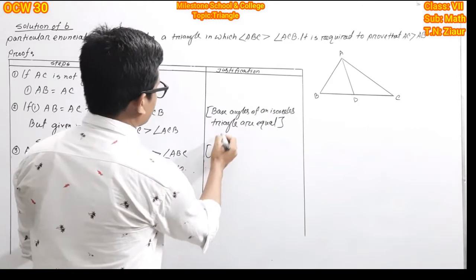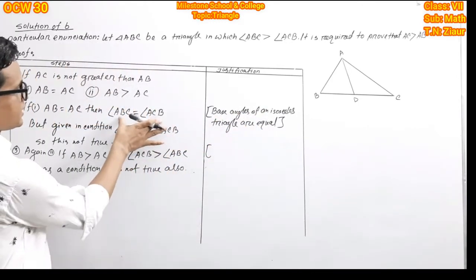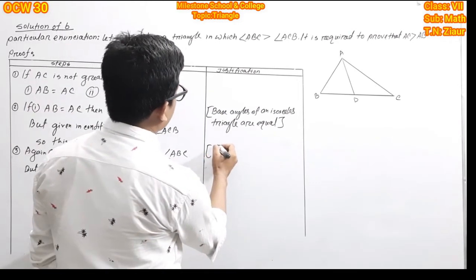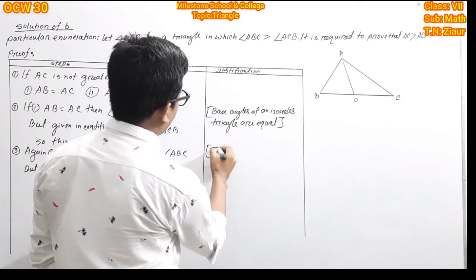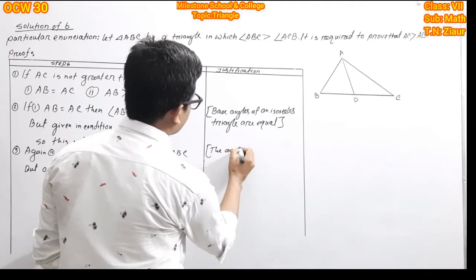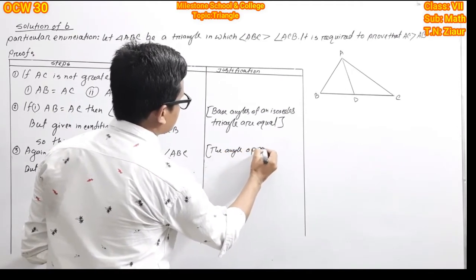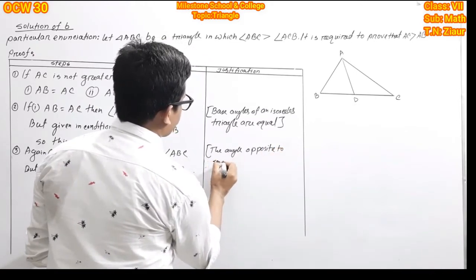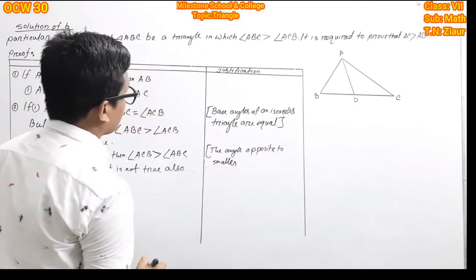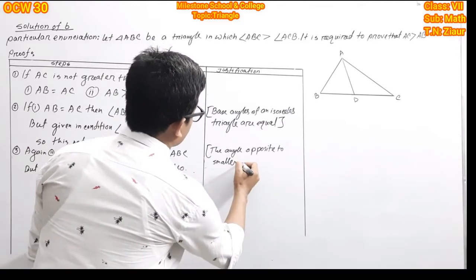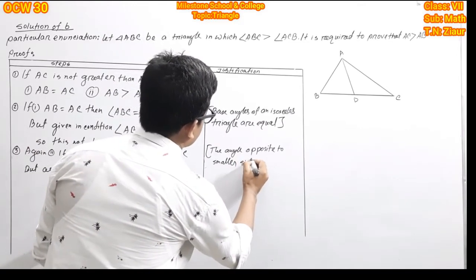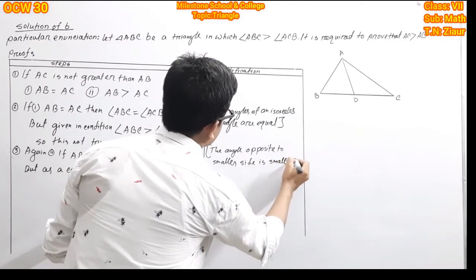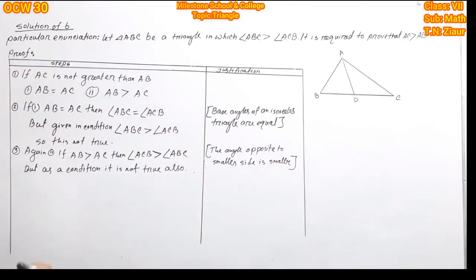Because the angle opposite to the greater side is greater, and the angle opposite to the smaller side is smaller. Okay, students, that's why.